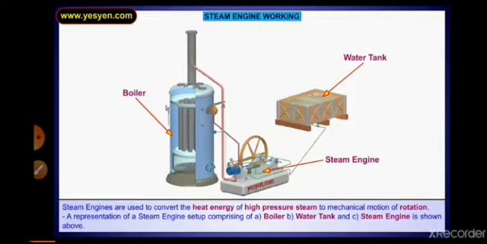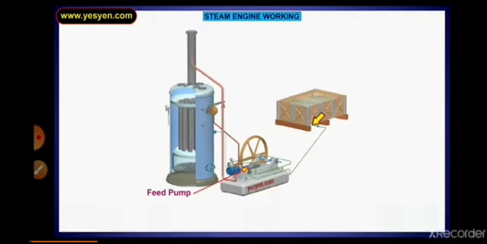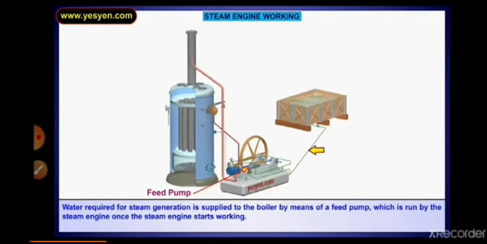A representation of a steam engine setup comprising a boiler, water tank and steam engine is shown above. High pressure steam is generated in the boiler. Water required for steam generation is supplied to the boiler by means of a feed pump, which is run by the steam engine once the steam engine starts working.